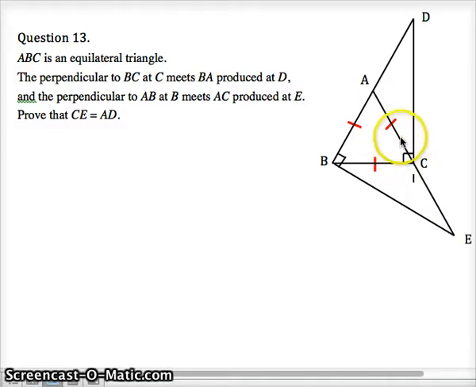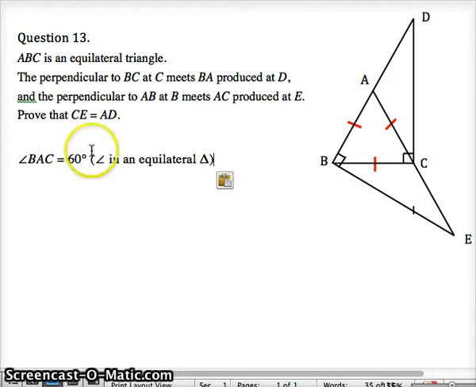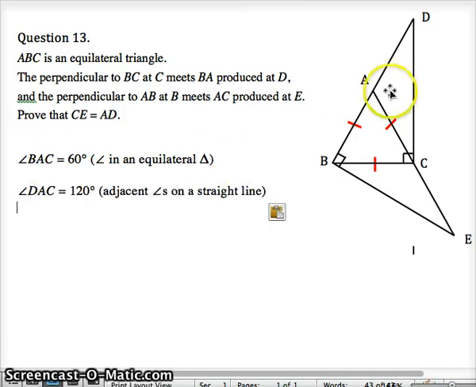So we can start writing that down. Angle BAC is 60 degrees because it's an angle in an equilateral triangle. And then angle DAC is 120 degrees because we've got adjacent angles on a straight line.